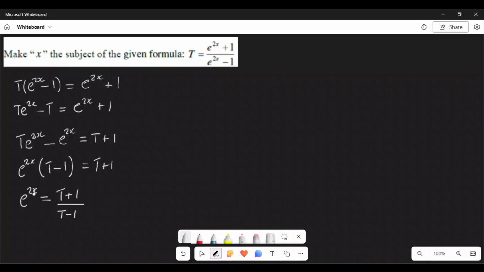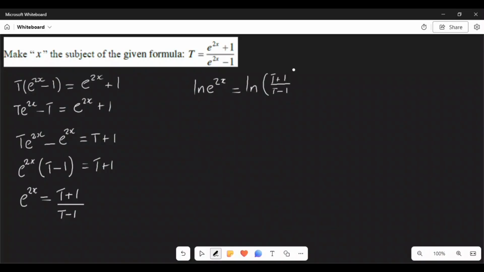So from here, guys, it's time for us to introduce the natural log. The best way here is to just introduce the natural log. When you introduce the natural log, you have to introduce it for both sides. There is a rule, let me just write it here very quickly, that goes like this.